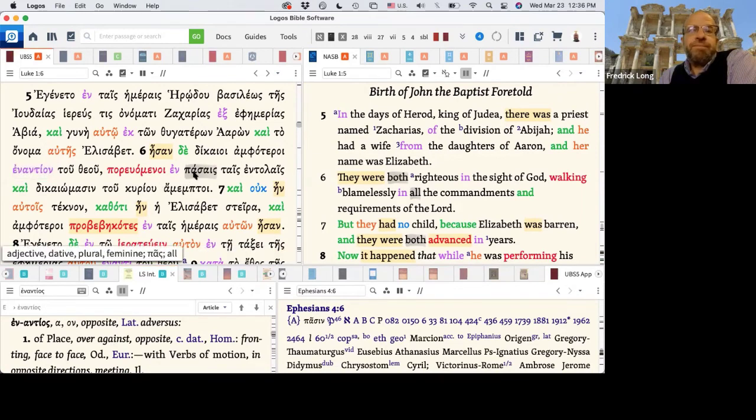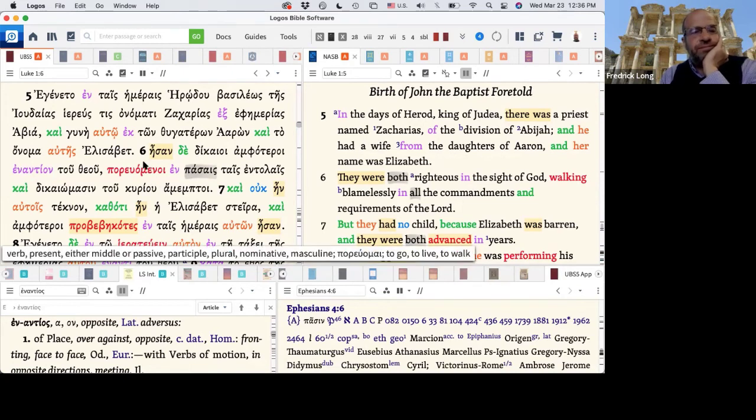It seems that Luke may also be introducing, he seems to have an emphasis on introducing the character or reputation of his characters.